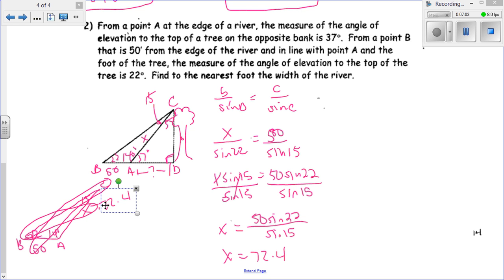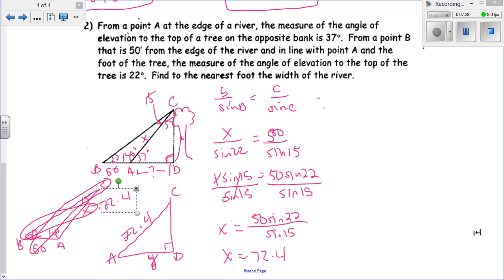So now I need to find AD. Well, that's what I have here. And we'll call that Y, just to kind of keep them separate. So this is A, this is C, this is D. AC we found to be 72.4.